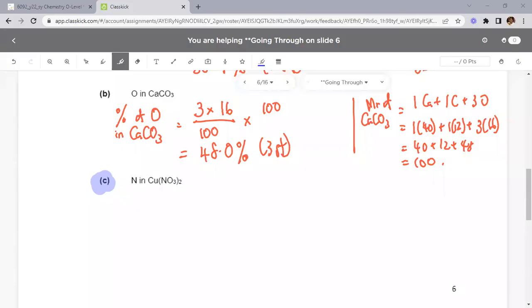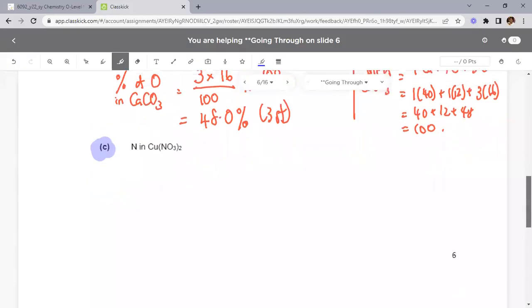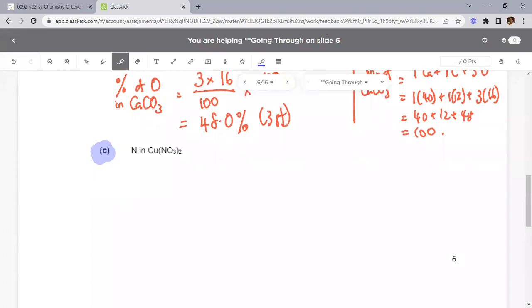Okay, so let's go through this one. I hope y'all would have gotten your answer, but in case y'all don't have, just double check. So we're gonna find the percentage of N in Cu(NO3)2. Now this one is tricky, right? Because of that bracket 2.